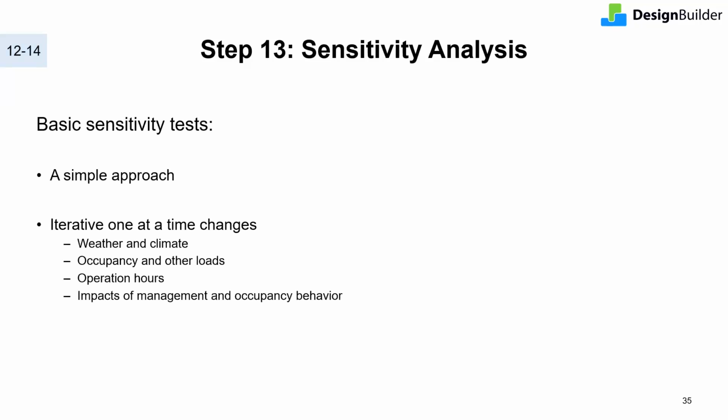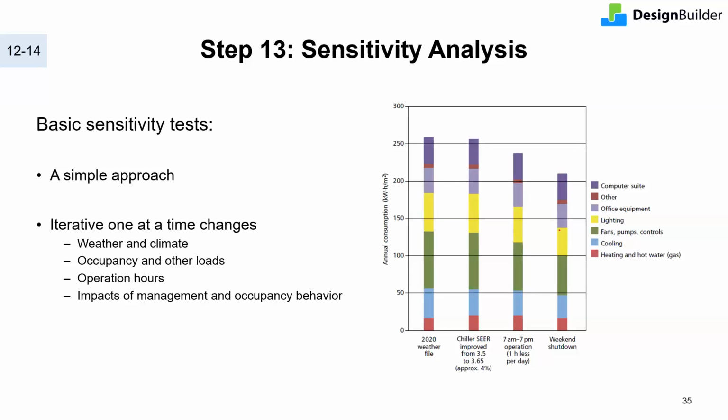So how to go about a sensitivity analysis: a basic sensitivity test is a simple approach of making some iterative changes, such as for weather or occupancy related factors, and checking the impact on the results. The magnitude of change can tell what the impact is.